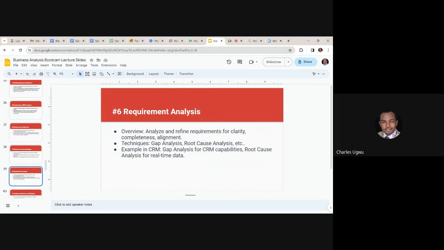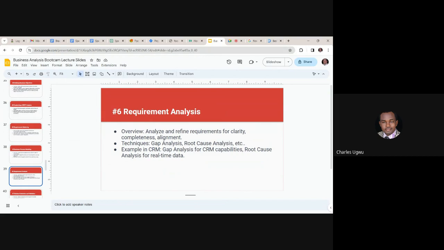And after the documentation, you need to carry out analysis on the data collected. So you need to analyze and refine requirements for clarity, completeness, and alignment.